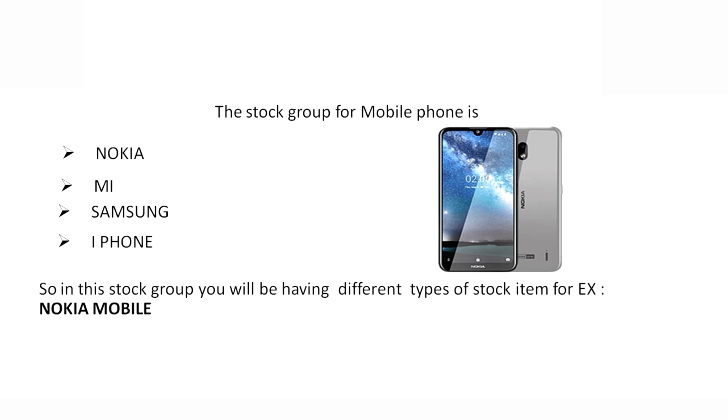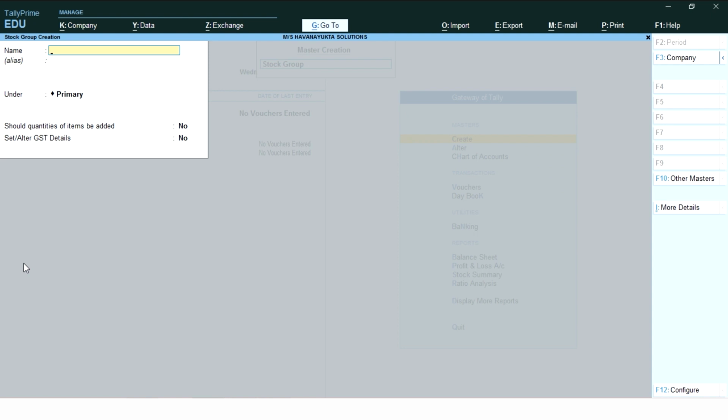Similarly, we have different models in Nokia mobile phones, for example Nokia 9, Nokia 7 Plus and Nokia 4.2. Even in this example, we'll create mobile as a primary group, as a stock group, and under that we'll create Nokia, MI, Samsung and iPhone. So we go to Tally. First we'll create mobile.